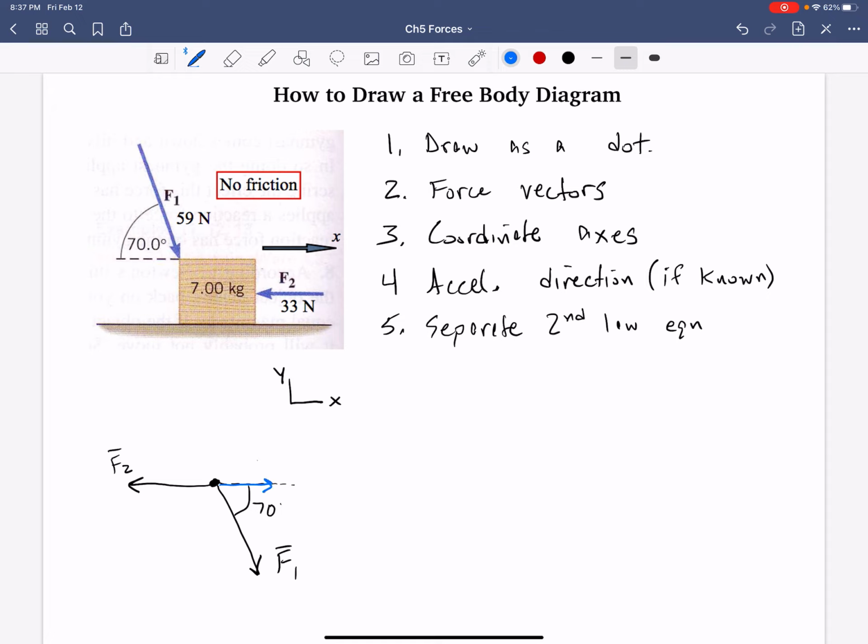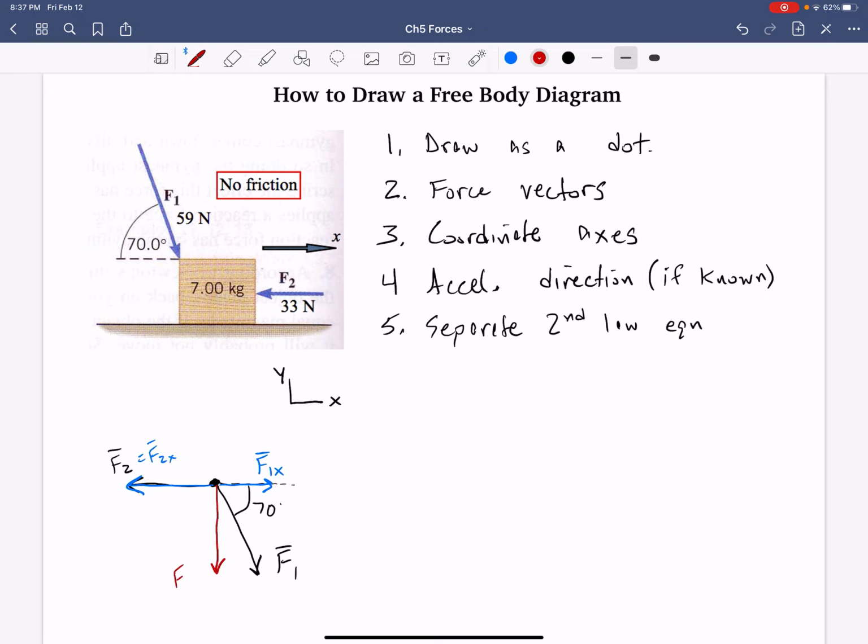So there is my F1x, and F2 is already in the x direction, so that's the same. If you want, you can write equals F2x. It's the same thing. In the y direction, I'll do it in red.